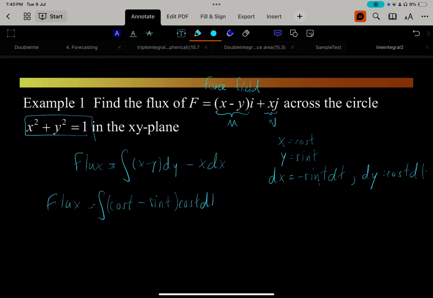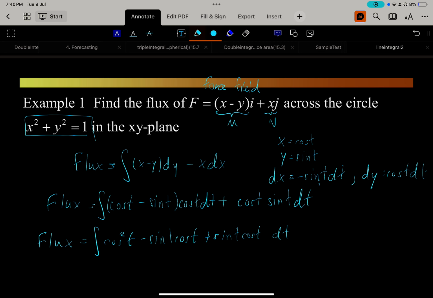So dx is minus sine of t dt, so we're going to have plus sine of t cosine of t. We can take dt as a common factor, so the flux equals the integral of cosine squared of t minus sine of t cosine of t plus sine of t cosine of t dt, and these are going to cancel.